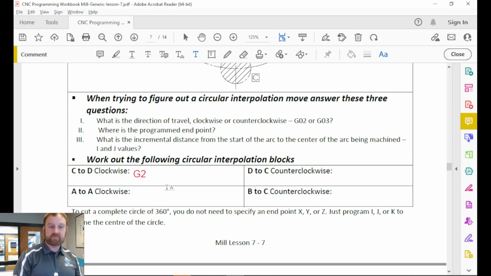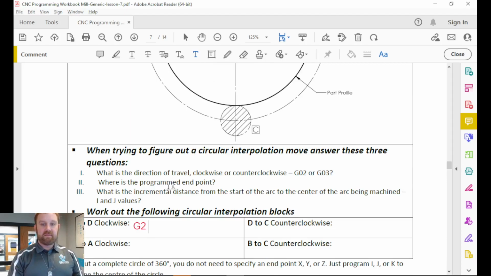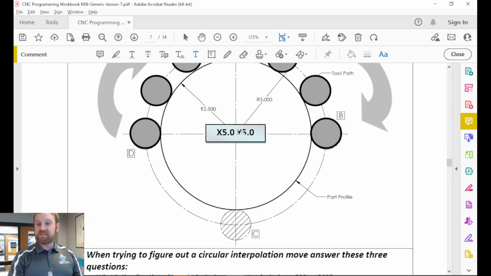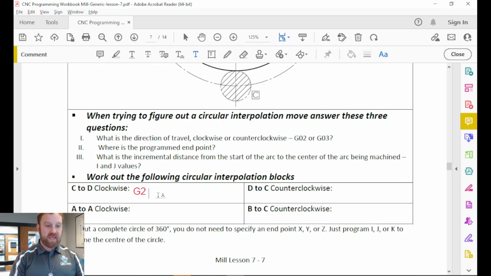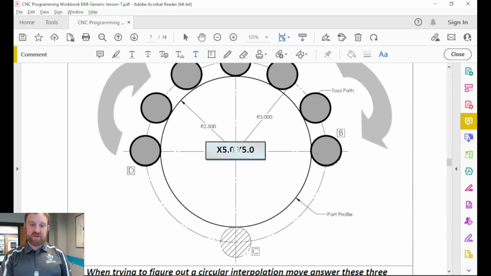G2, D. If this is 5, 5 in the middle, that means we're 3 inches over in X from there. So the X and Y is going to be X2, Y5, because it's 3 inches back from the 5, 5 middle to here in X. So we have to subtract 3 inches from our X, but our Y is still 5.